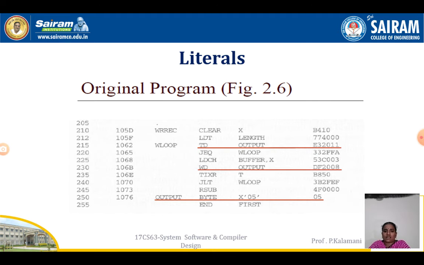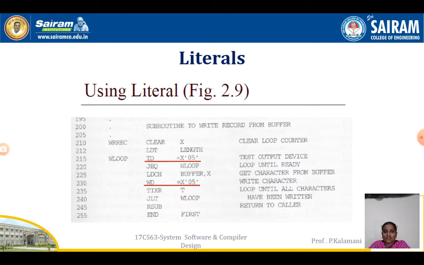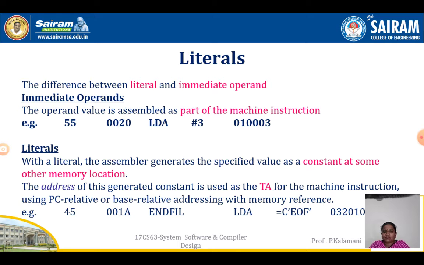Another example is TD OUTPUT, where OUTPUT is again defined as BYTE X'05'. Instead of that we can give TD =X'05', which tests output device 05. Then WD =X'05' writes the character to output device number 05.